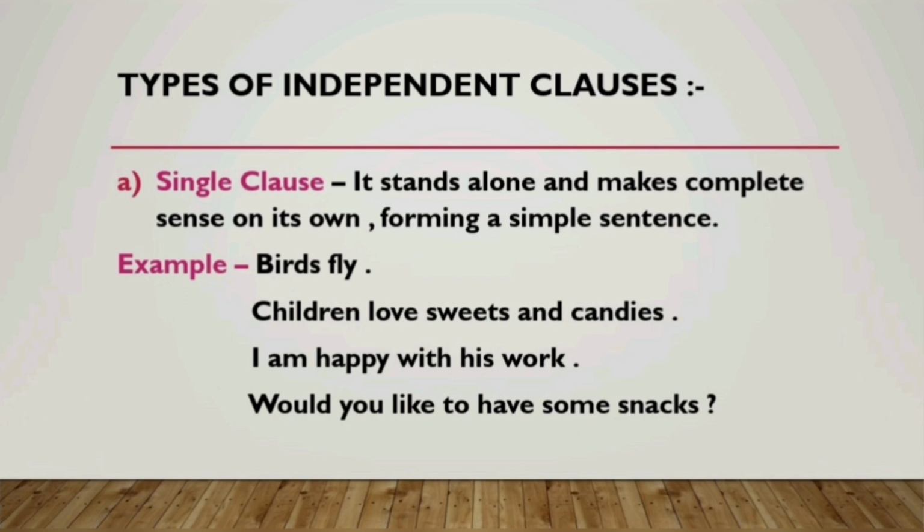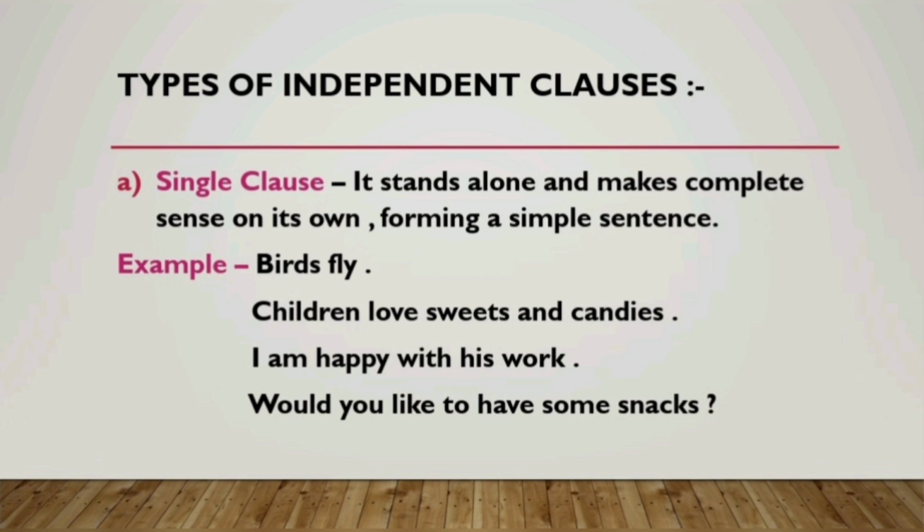Now, what is a simple sentence? A simple sentence is a basic sentence that expresses a complete thought. It consists of a single clause, which means it has a single finite verb contained in the predicate of the subject.